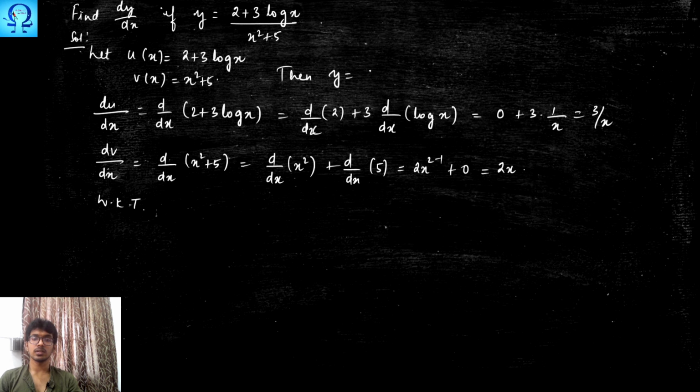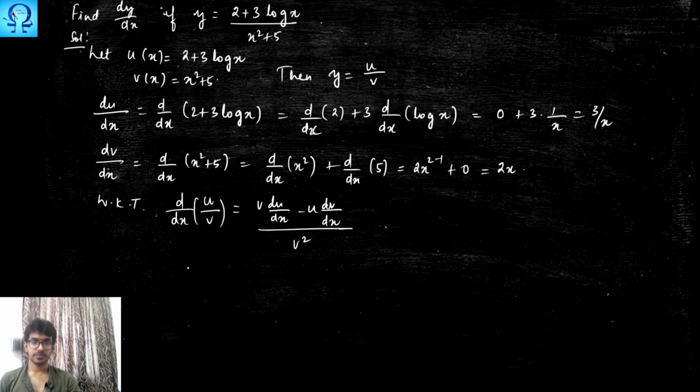Here we have to make use of the quotient rule, since y can be written as u upon v. d/dx of u/v is (v du/dx − u dv/dx) by v squared.